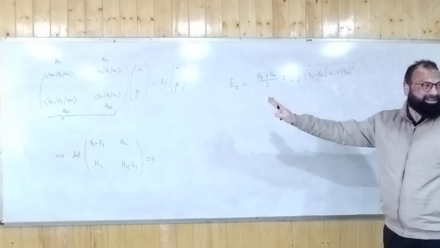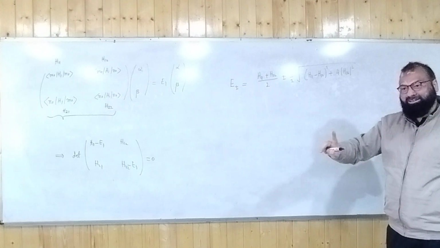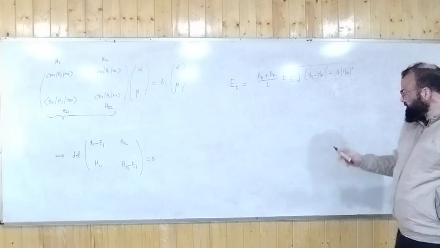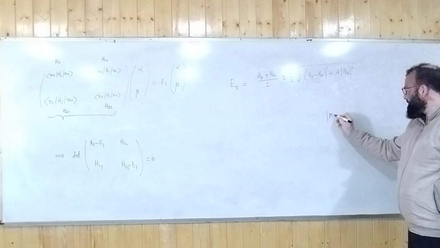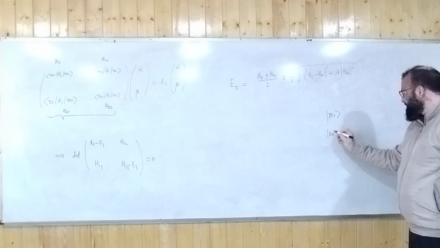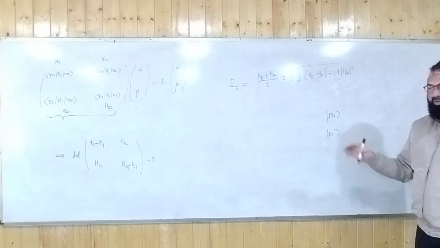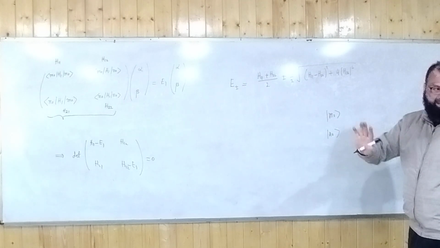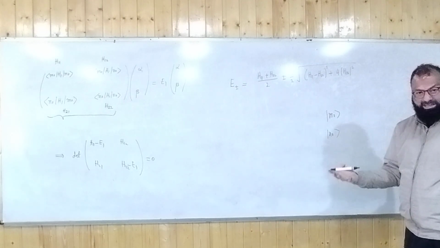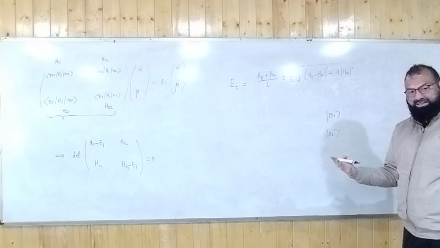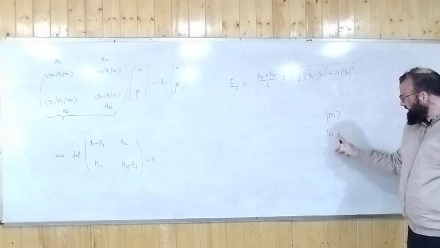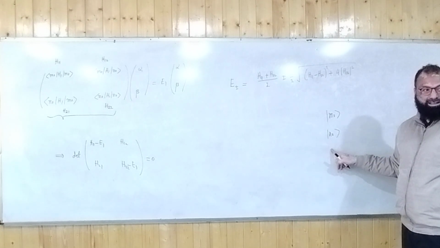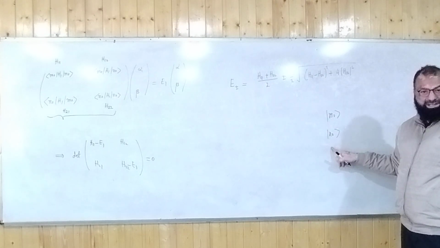We started with what kind of states? Two states, M naught and N naught. When you have a 2 by 2 matrix, what is the dimensionality of the Hilbert space? It's a 2-dimensional Hilbert space. How many linearly independent vectors are there? Two, and I have already chosen them at the beginning, M naught and N naught, because they are orthogonal to each other.